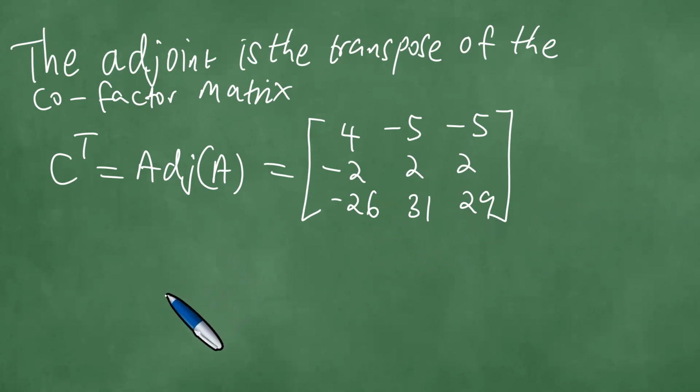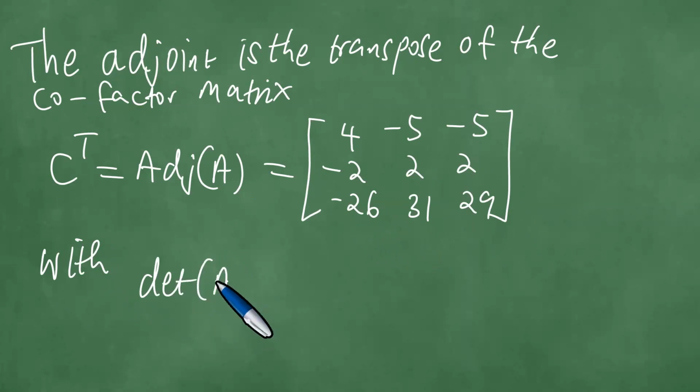Okay. And this is then the adjoint, with the determinant of the matrix A. We got it to be minus 2.